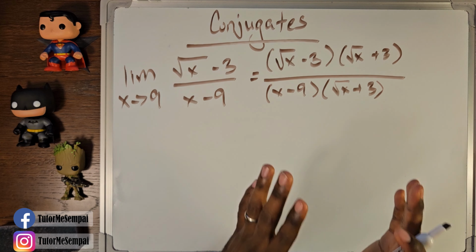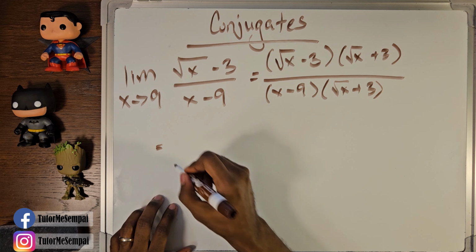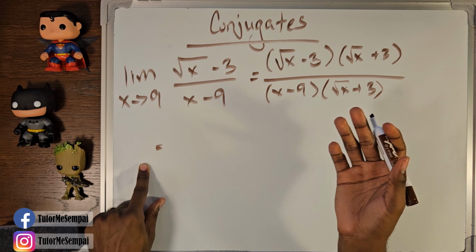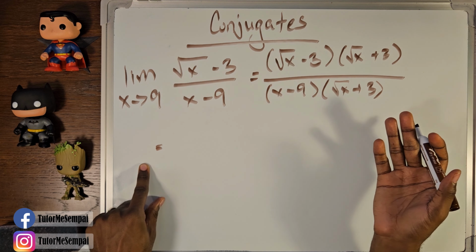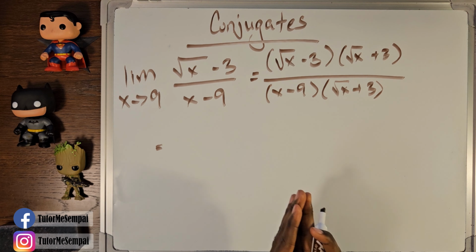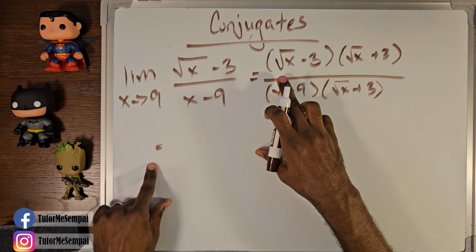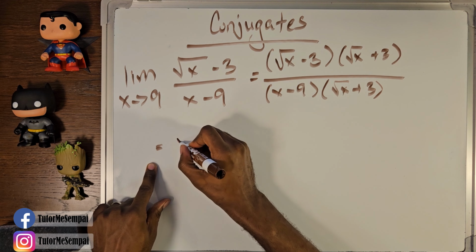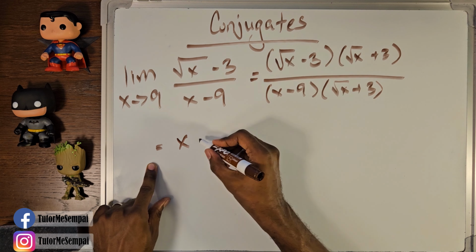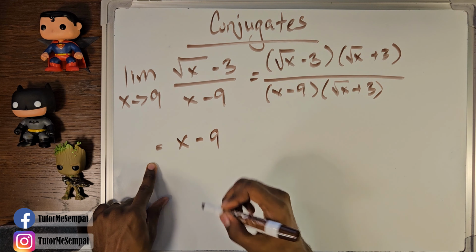We're going to simplify the numerator first, and to do so, we're going to multiply everything across. And one of the special properties of multiplying by conjugate means that we don't have any middle terms. We can just focus on the first and the last term. So this is going to be a square root of x times square root of x, leaving us with x, and we have a -3 times a positive 3, which gives us a -9.